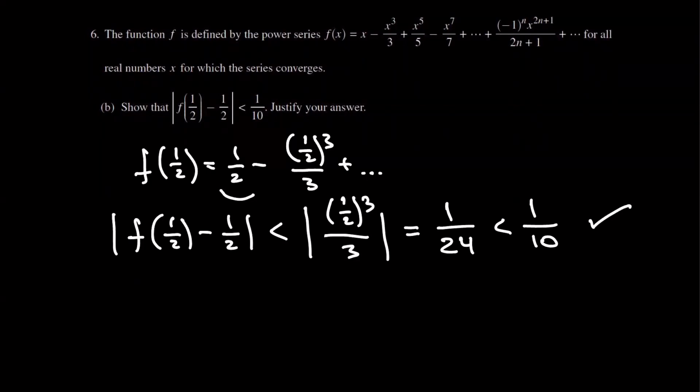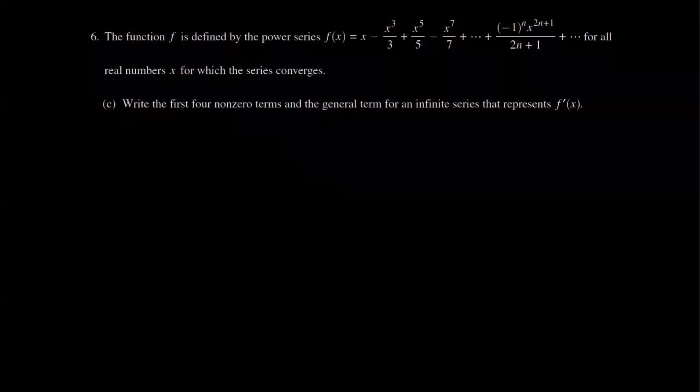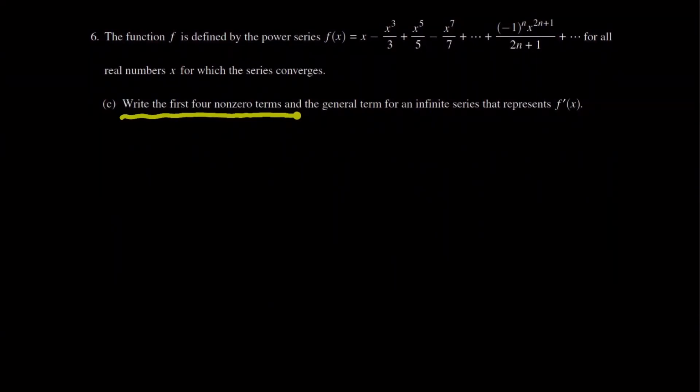Let's move on to part C. In this question, we need to write the first 4 non-zero terms and the general term for an infinite series that represents the derivative of this function. And so to find this derivative, we need to just differentiate f of x term by term.